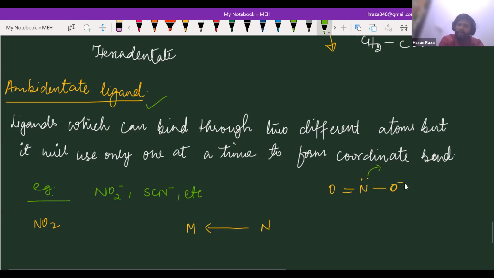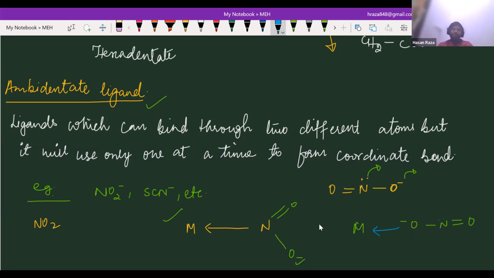It can donate from one, but it will use only one at a time. If it uses nitrogen, it cannot use oxygen, and if it uses oxygen to bind to the central atom through a coordinate bond, it will not use nitrogen. Is that clear?